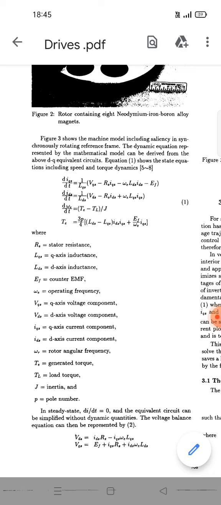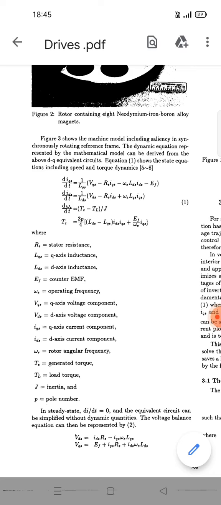Vqs is the Q axis voltage component, Vds the D axis voltage component, Iqs the Q axis current component, Ids the D axis current component, Wr the rotor angular frequency, Te the generated torque, TL the load torque, J the inertia and P the number of poles. In steady state, d/dt is zero and the equivalent circuit can be simplified without dynamic quantities.